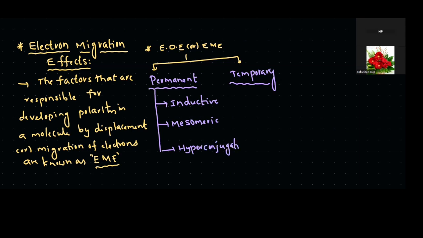These are the three effects that belong to permanent effect. The temporary effect is classified into only one category, that is electromeric effect. So this is the classification: inductive, mesomeric, hyperconjugation belong to permanent, and only electromeric effect belongs to temporary effect. Now we will discuss the permanent effect: inductive, mesomeric, and hyperconjugation.